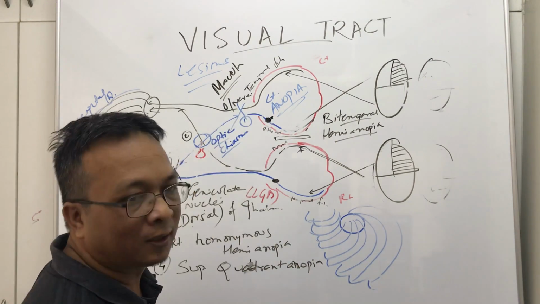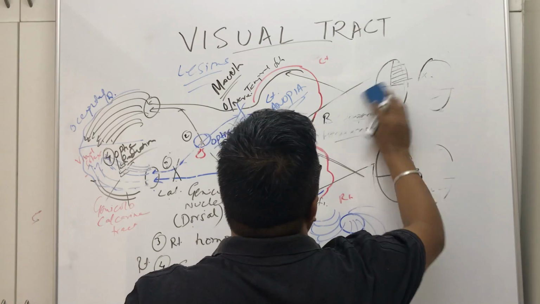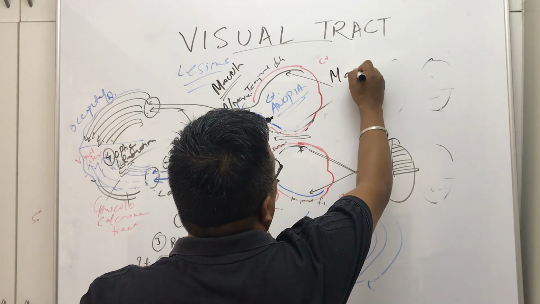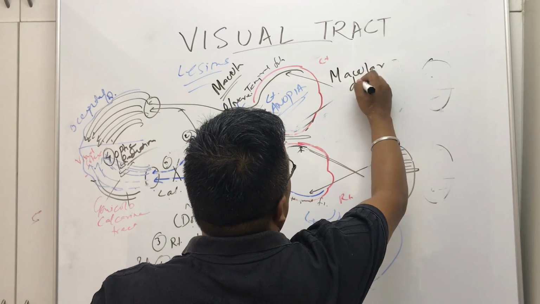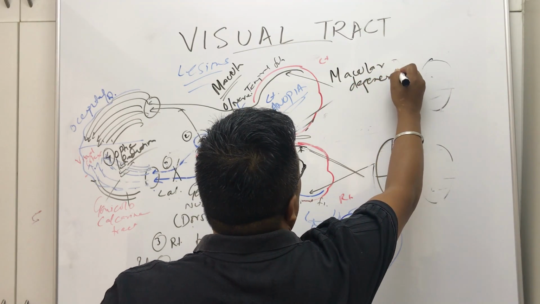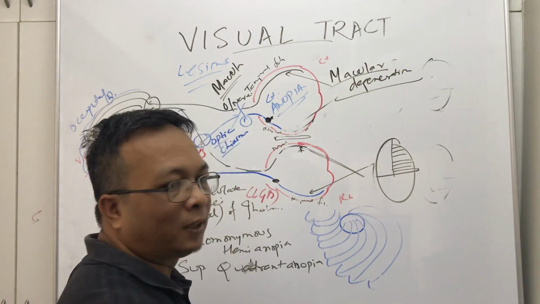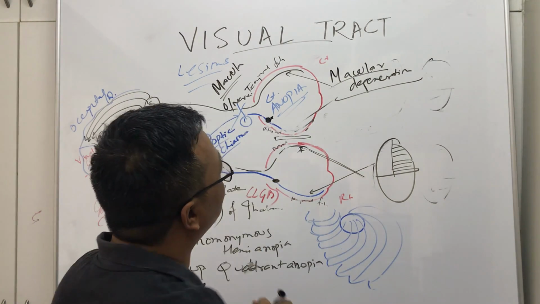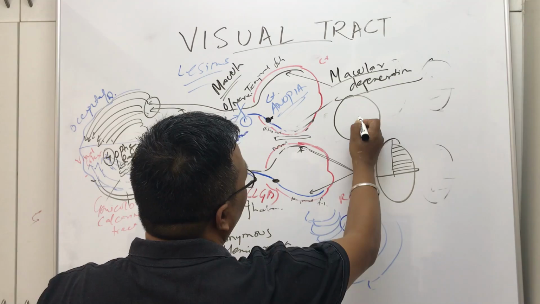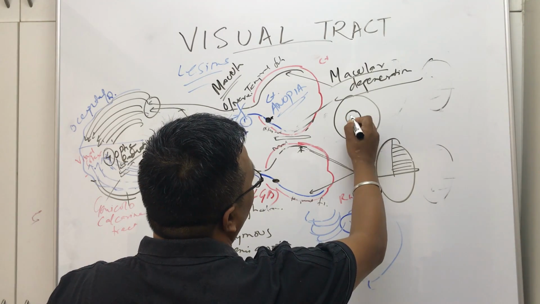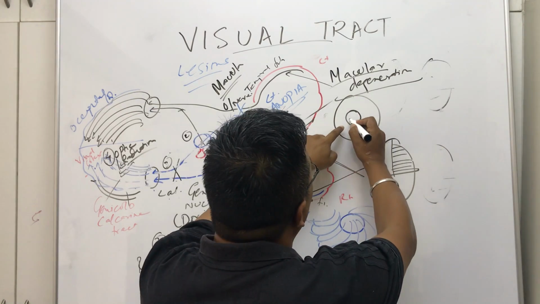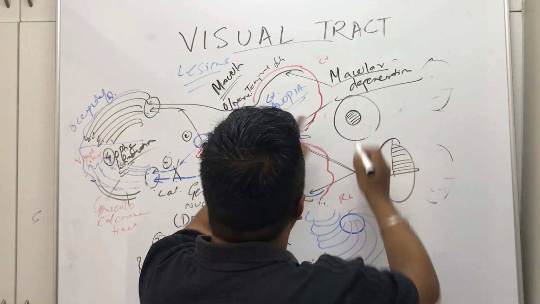It happens in a condition called macular degeneration. Most of the time this macular degeneration is an age-related condition. With increasing age, this macula, which is needed for central vision, is damaged. When you look, your central part is very, very clear because of the macula.